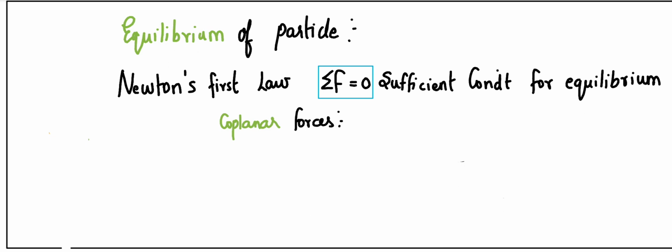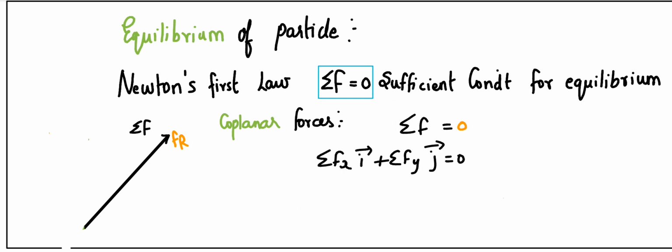We have dealt with coplanar forces. In the previous video, what is the summation of force? That is the resultant of forces. So summation of force is equal to 0 states that the resultant of the forces is equal to 0. As I already discussed, coplanar forces can be resolved into components acting along x and y.